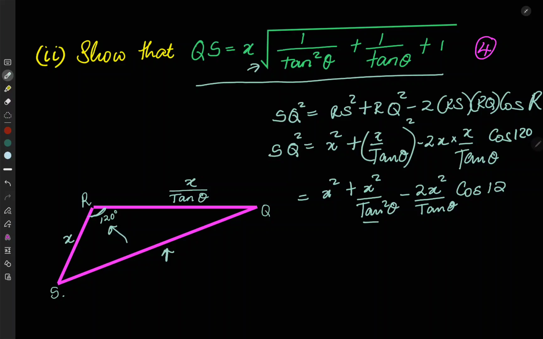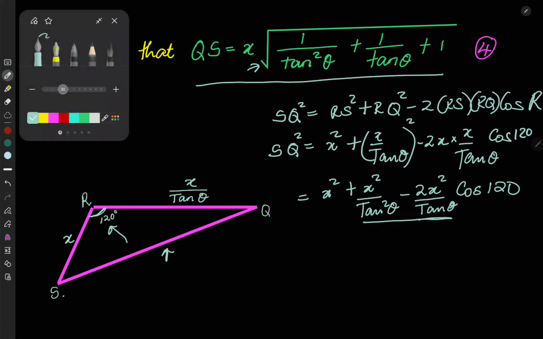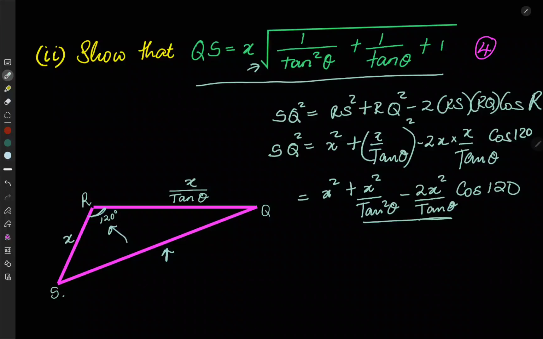So don't get tempted to simplify here because there is also a cos 120 which is attached to the 2x squared. Even if they look like terms, they are not, because the cos 120 is multiplying the 2x squared over tan theta.